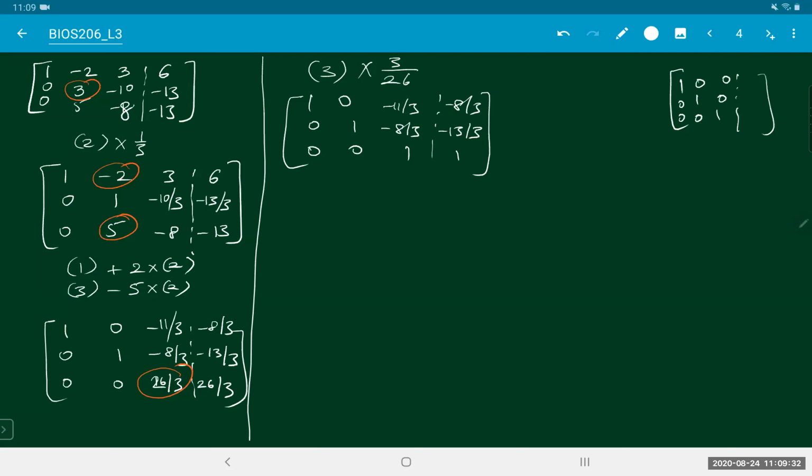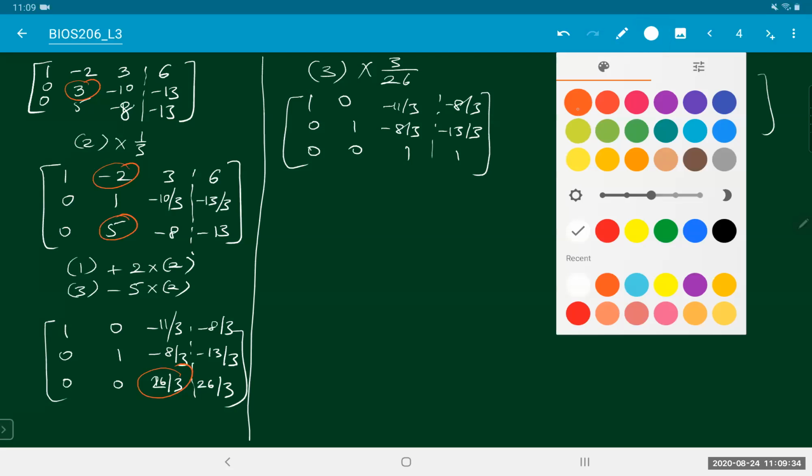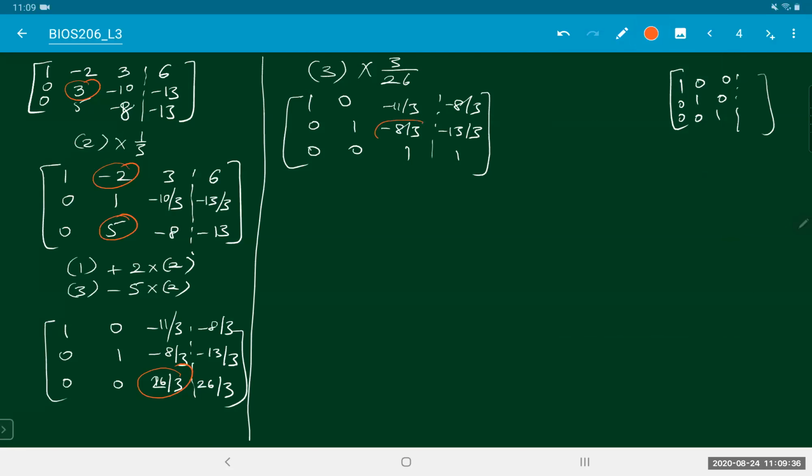Now, how should I get rid of these and make them 0? Same way we've been doing all this time. So to the second row, I will add 8 by 3 times the third row.